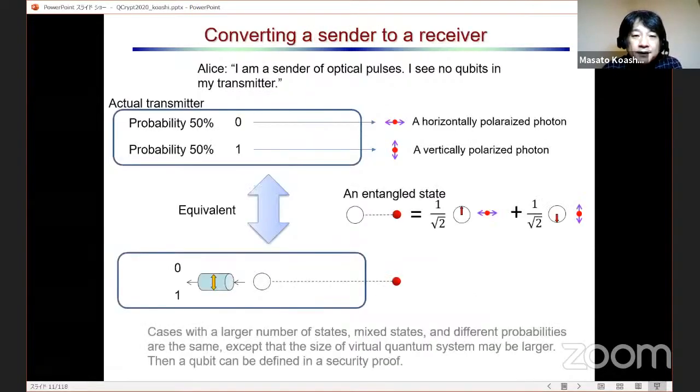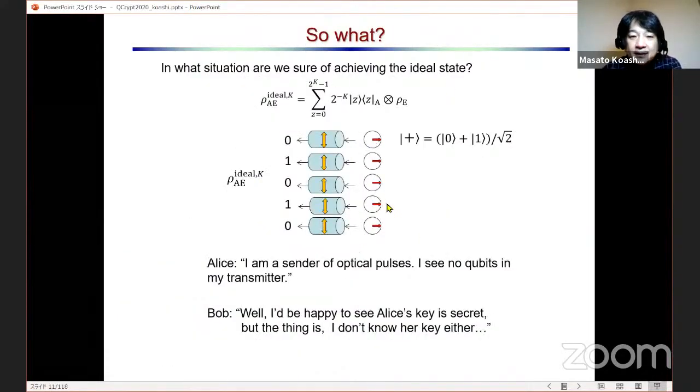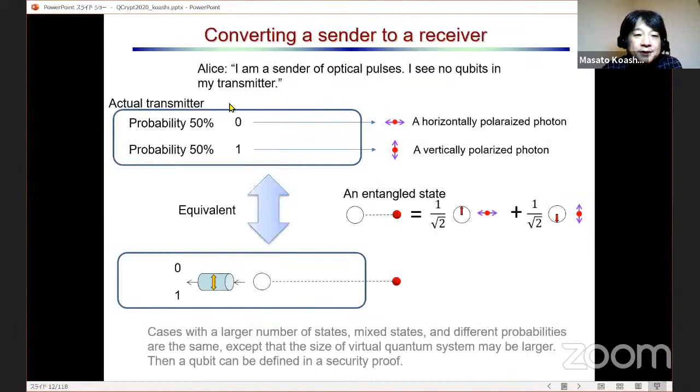Alice's complaint is that if she looks at her sender and her transmitter, she doesn't find any qubits here. Normally, in the transmitter, a random number is first drawn, and according to this random number, a quantum state is generated and sent to Bob.